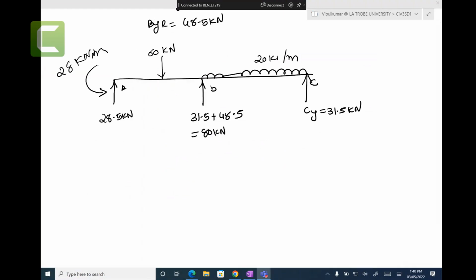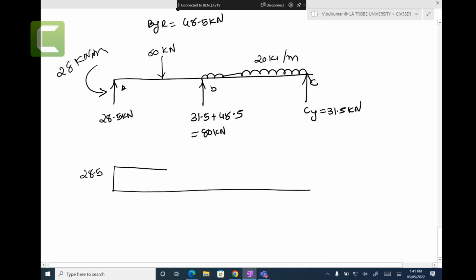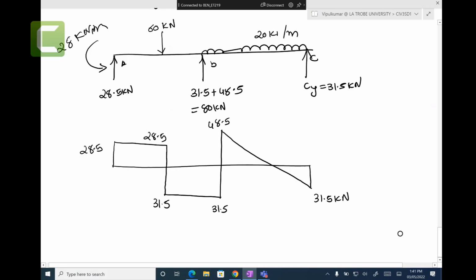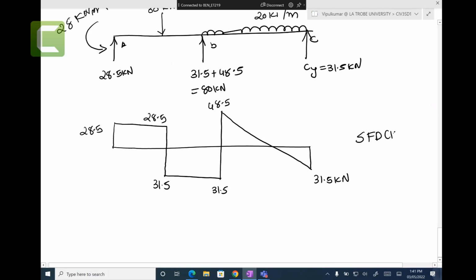Now we just need to draw the shear force diagram and bending moment diagram. 28.5 going up, kilonewtons. Then you come across, 28.5 take away 60 will give you minus 31.5. Go across 31.5, plus 80 will give you 48.5. And then you will have this 31.5. You can join them. That is the shear force diagram, SFD in kilonewtons.